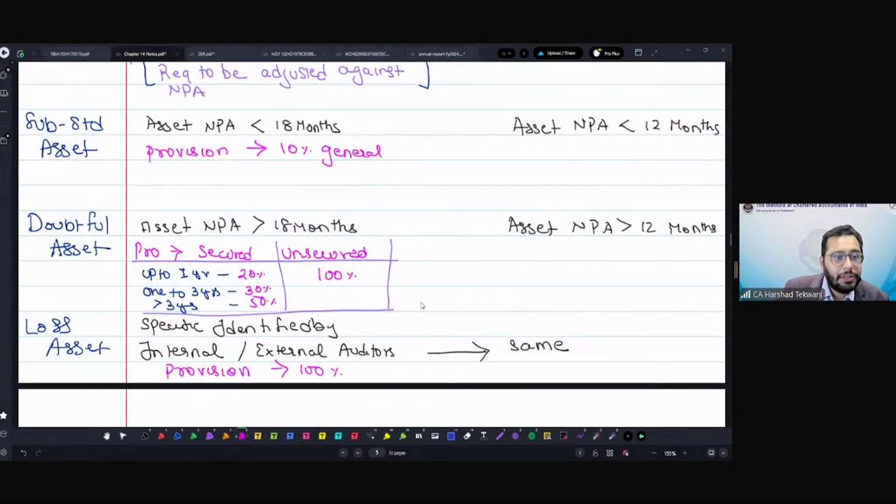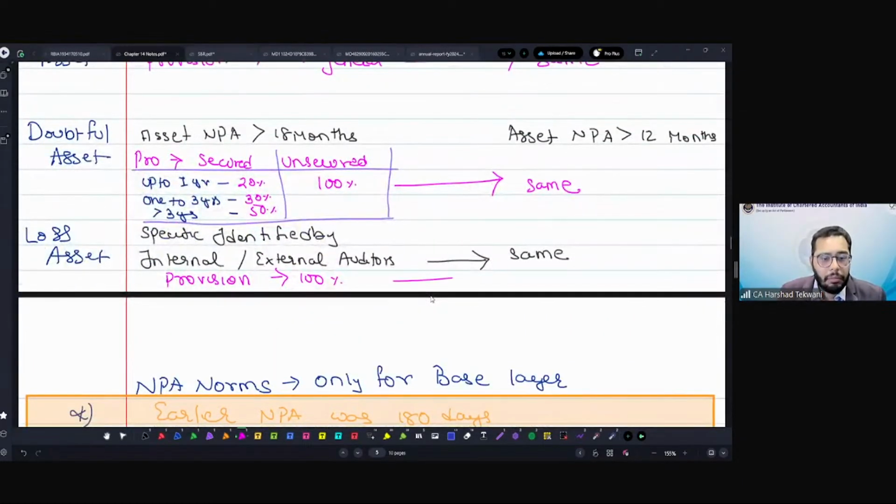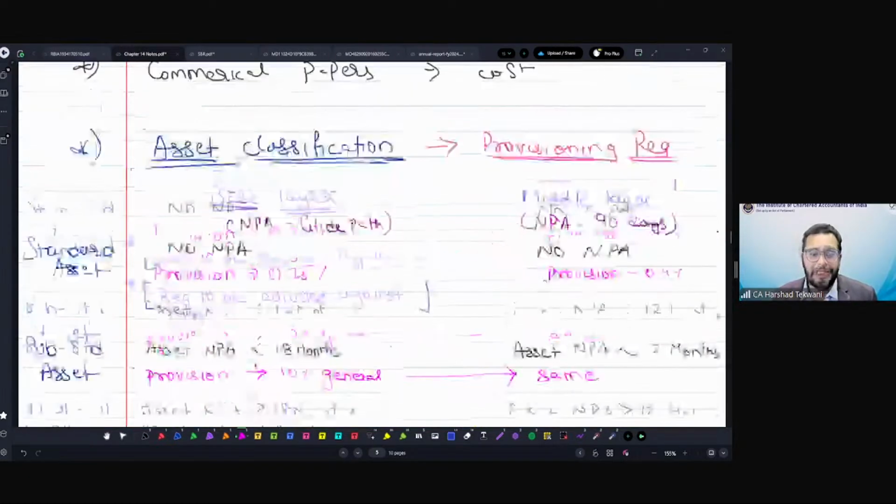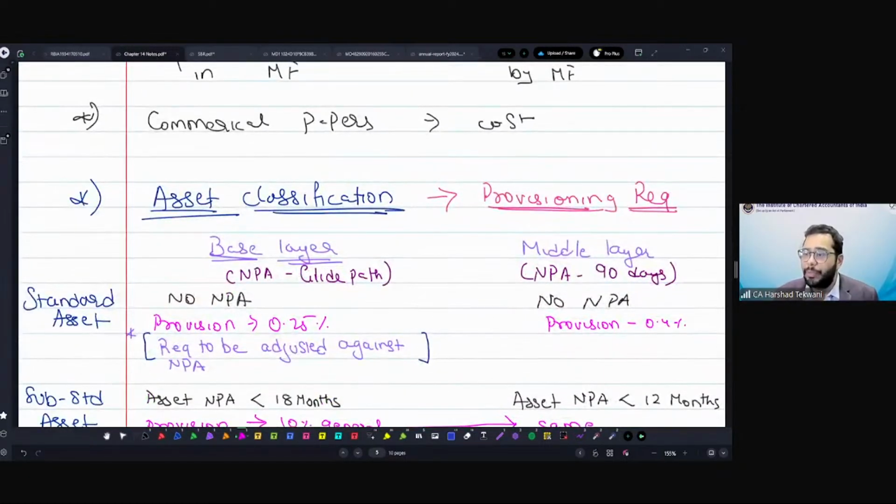So I would write same, and again same. Except for the standard asset, there is no change in the provisioning requirements.